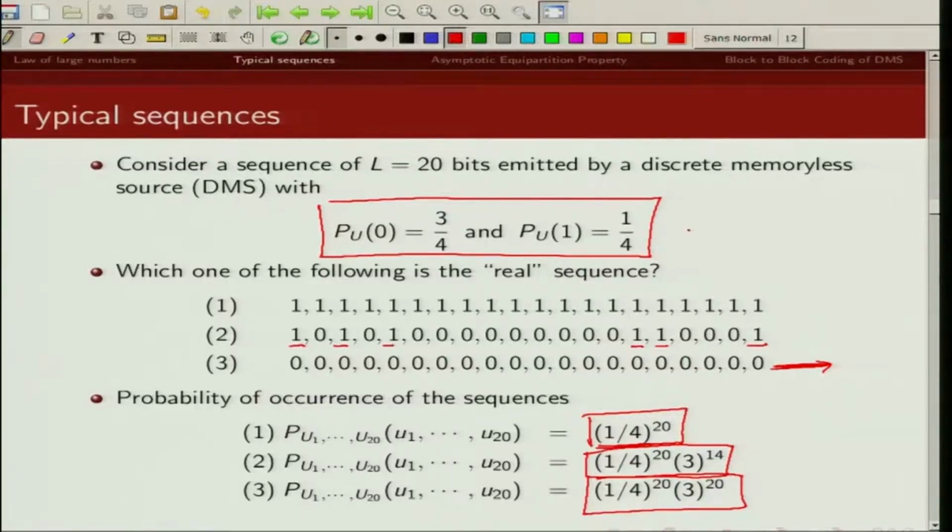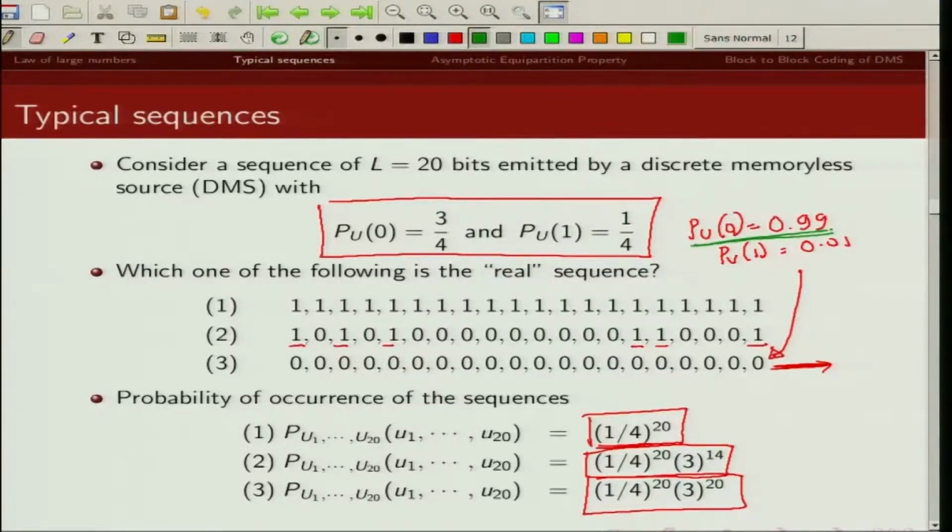If I would have, let's say, told you the probability of 0 is 0.99 and the probability of 1 is 0.01, then you would have believed that this particular sequence came out of this source, because the probability of occurrence of 0 is very, very high.